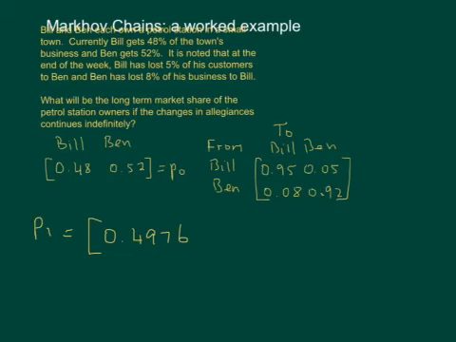And by multiplying this row by that column, in other words 0.48 times 0.05 plus 0.52 times 0.92, we are going to get a result of 0.5024.